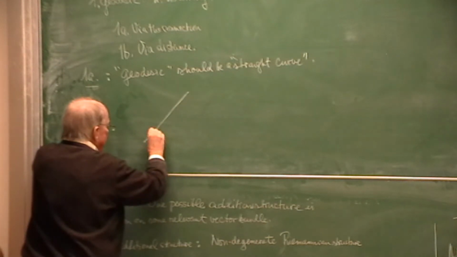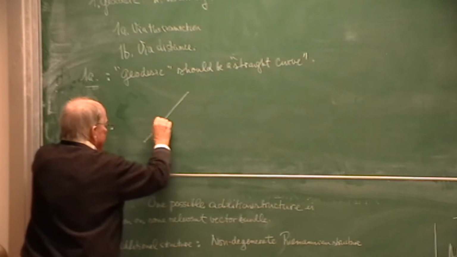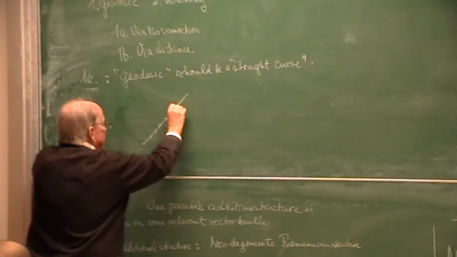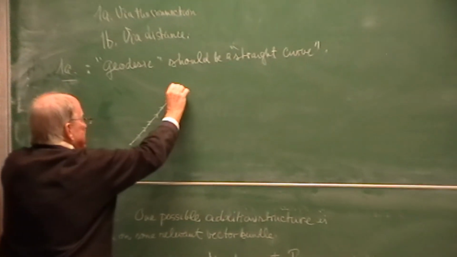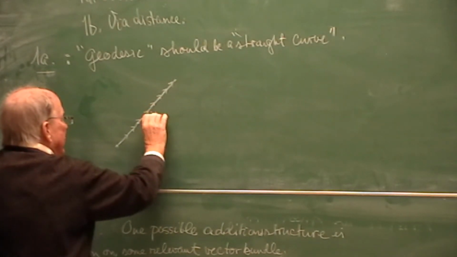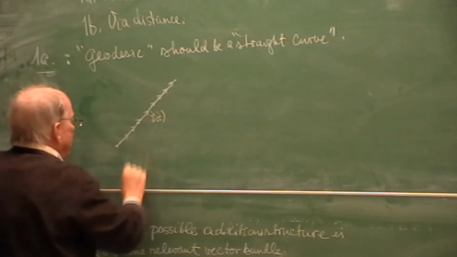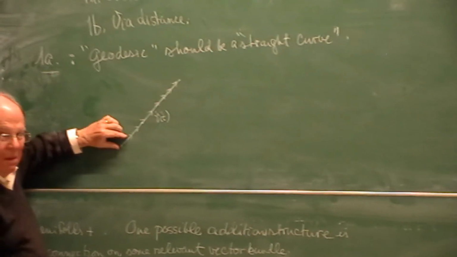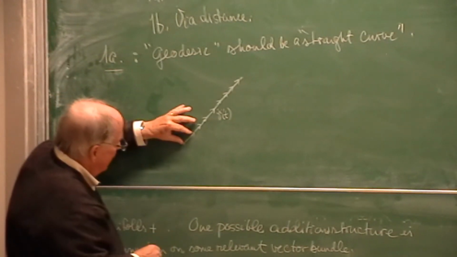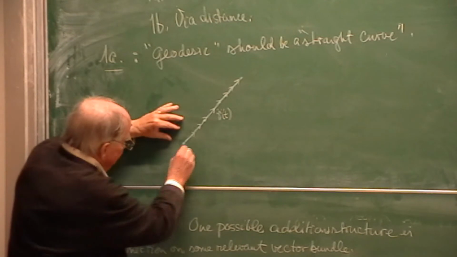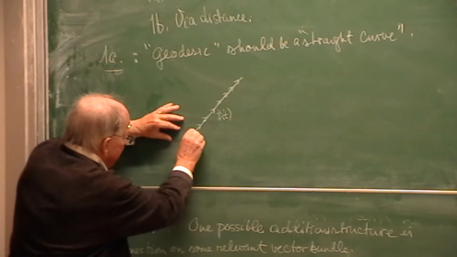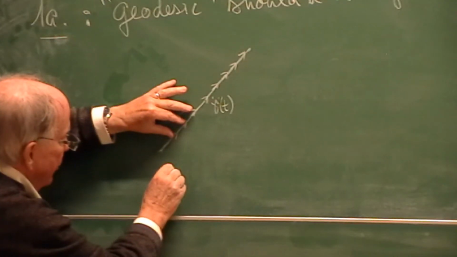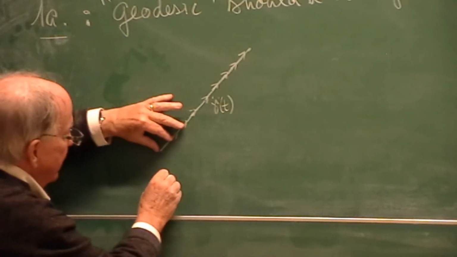and you have the velocity vectors on this line. This is the velocity vector, this is gamma dot. In the geometry of the plane, if you start at the first point and take the velocity vector here and transport it, it stays parallel, it stays along the line, because this line is straight.